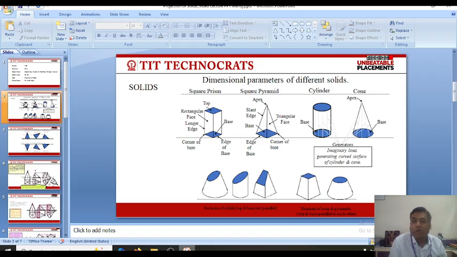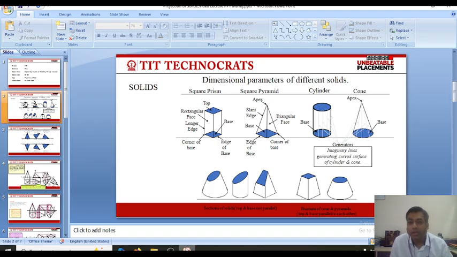The other category of solid is solid of revolution. Cylinder and cone are examples of solids of revolution because these two solids are generated by revolving a plane about one of its sides.